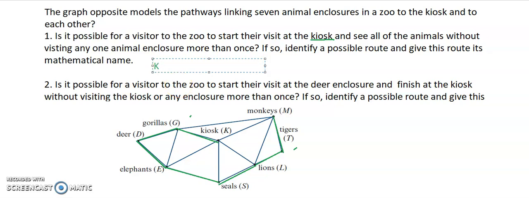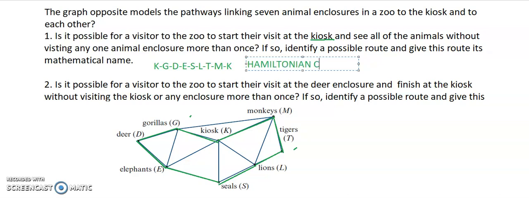I'm starting at K, and I'm going to G, to D, to E, to S, to L, to T, to M. I could make it back to the kiosk. Because I've made it back to the kiosk, that means we are going to be calling it a Hamiltonian cycle. Because remember, a cycle has the same starting and end point.